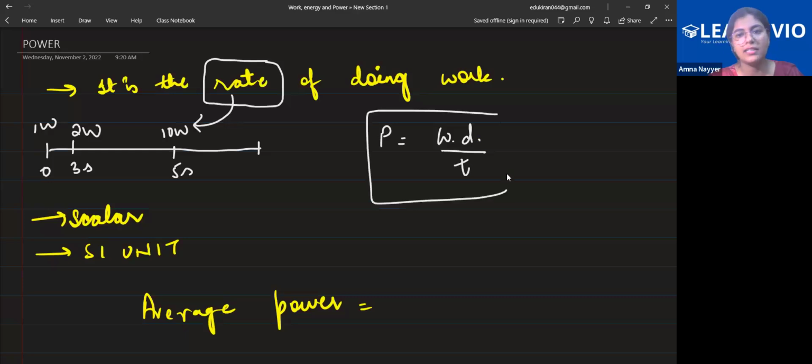This is called the power. It is a scalar quantity. This chapter is easy to deal with because everything is scalar. Work done is scalar. Energies are scalar. Power is scalar. So this is an easy part.